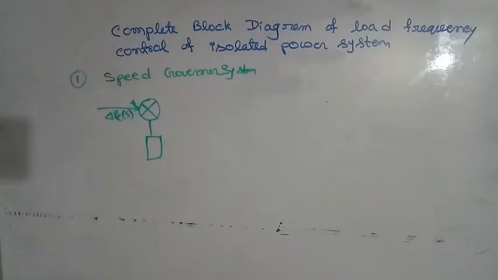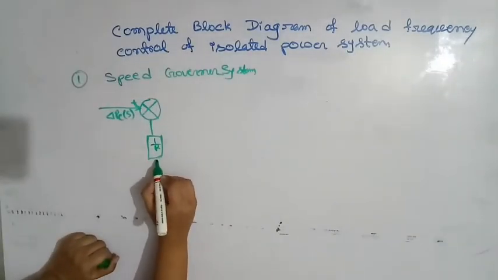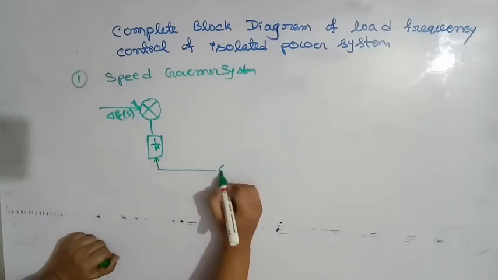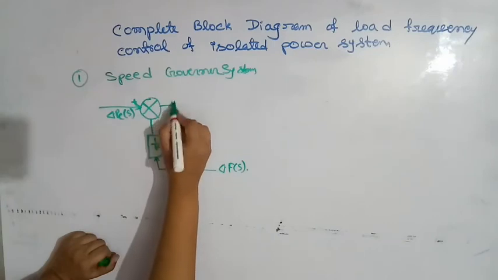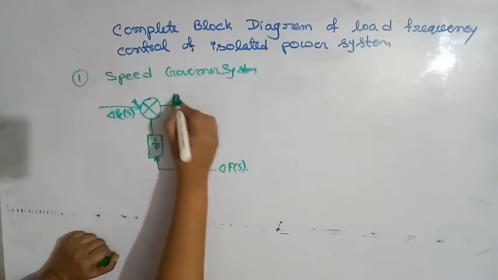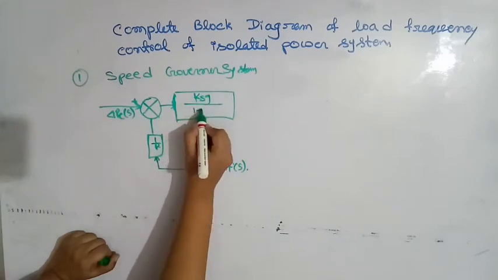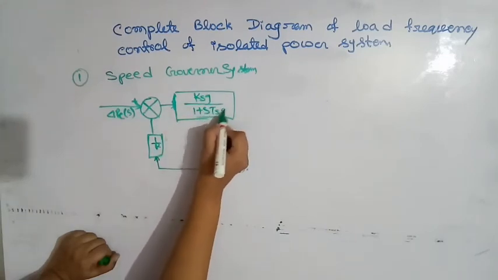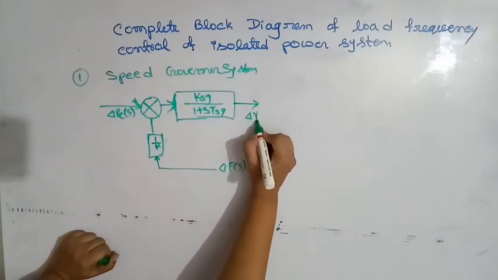Feedback path gain is 1 by R, from delta F of S. Gain is KSG by 1 plus S into TSG. Output is delta YES.